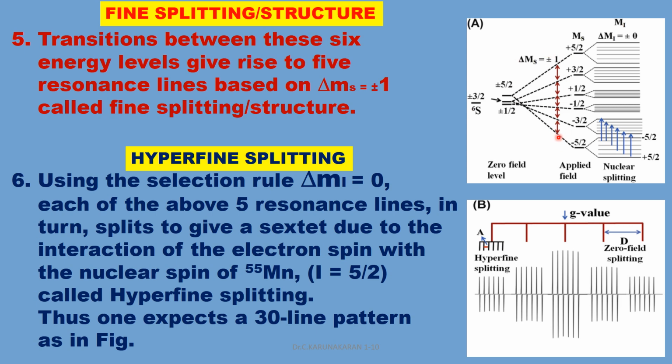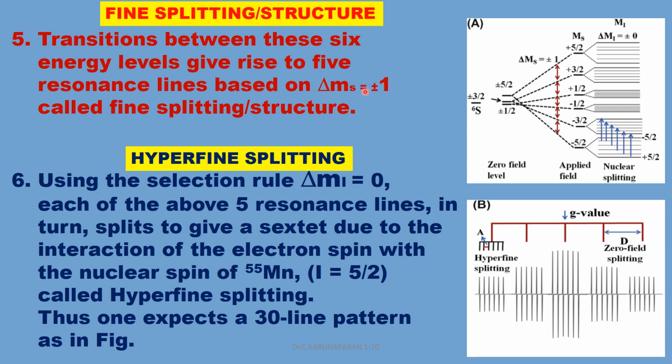Based on this selection rule, the transition from minus 5 by 2 to minus 3 by 2 is allowed, whereas the transition from minus 5 by 2 to minus 1 by 2 is not allowed.